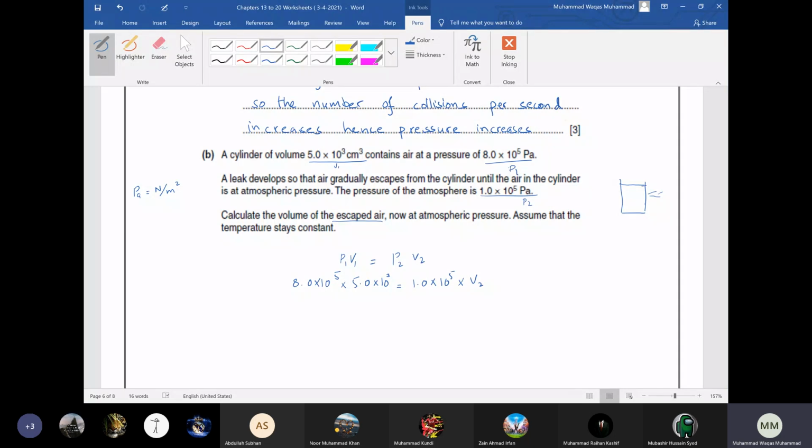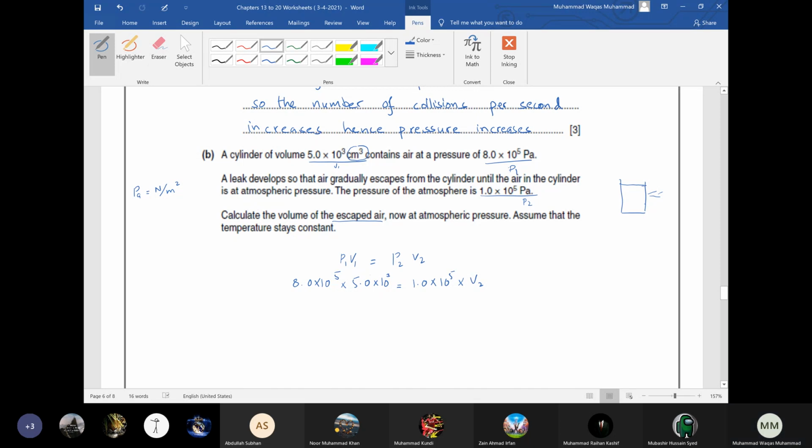Okay, and, beta, pressure is in Pascal and volume is in cubic centimeter, right? So actually it should be the same. It means if pressure is in Pascal, volume should be in cubic meter, right or wrong? Now, beta, here we don't need to do that. We don't need to convert the unit.